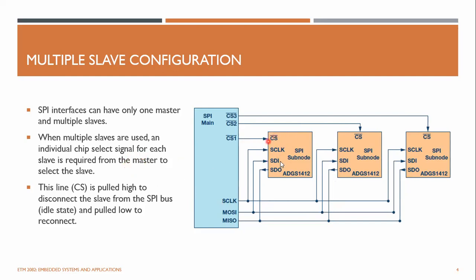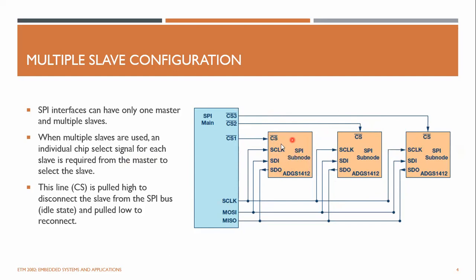So if you want to communicate with a particular slave, for example this one, you have to set its CS bar to logic low. Then you can start the communication while keeping the other CS bar lines at logic high, which means they are disabled. You can communicate with one at a time.